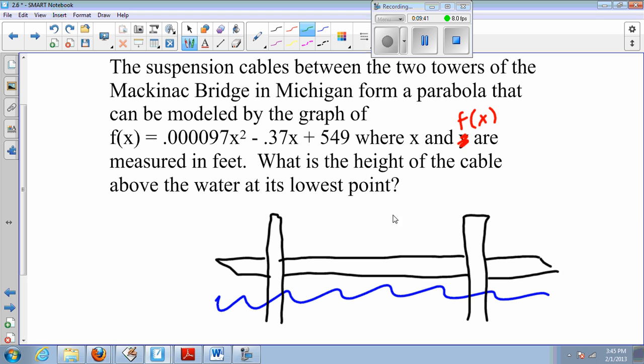And from the top of the towers, there's a suspension cable. And it forms a little parabola. And so we see that it hangs, it opens up, and it hangs down. So we know it is a minimum. We have to find this value.